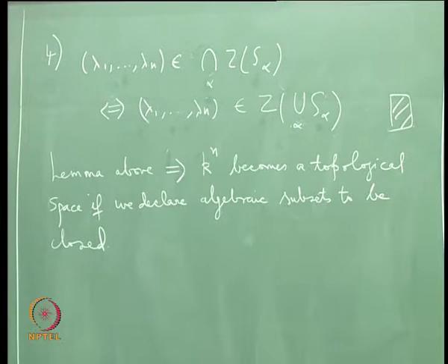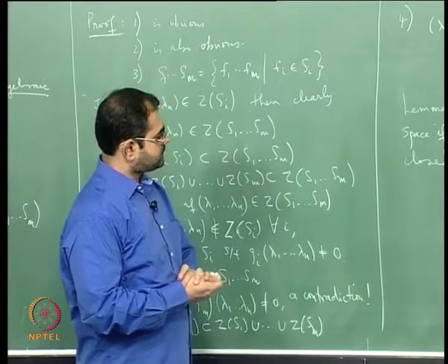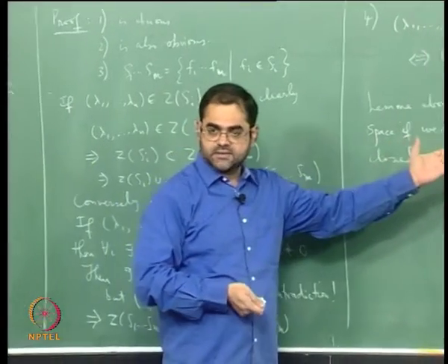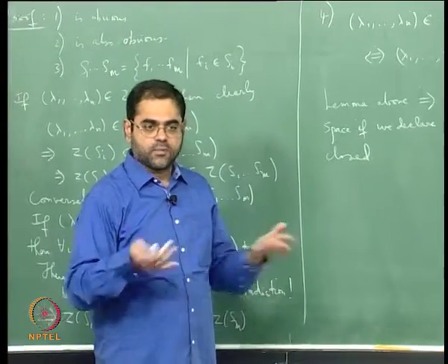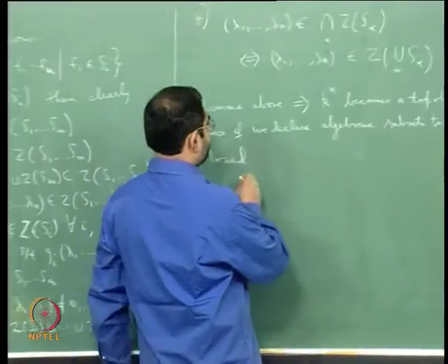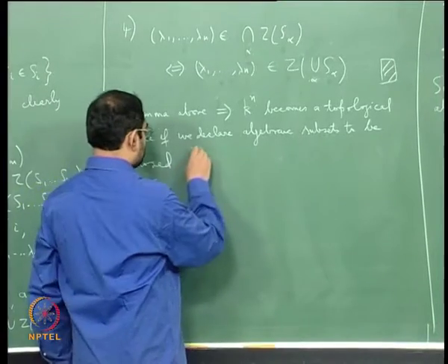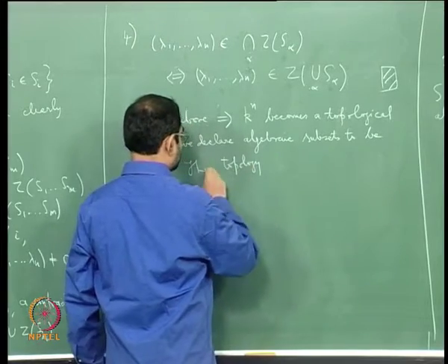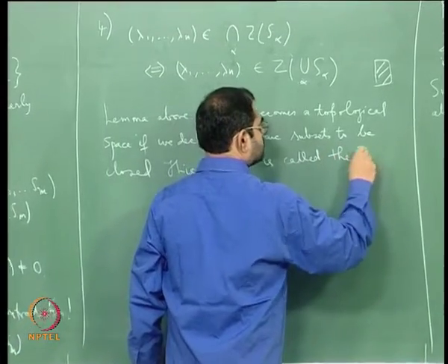Therefore the Zariski topology as it is defined here is defined by closed sets, and of course the open sets are always the complements of closed sets. So let me mention that this topology is called the Zariski topology.